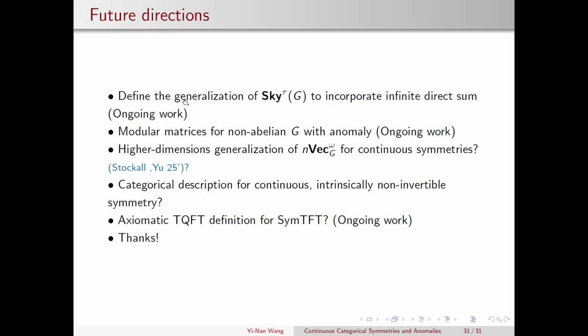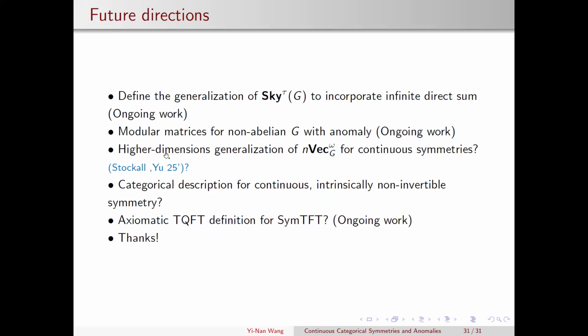And also, what is a proper generalization of this tau G to incorporate this infinite direct sum? In our paper, we propose that maybe you can use quasi-coherent sheaves, but quasi-coherent sheaves, generally speaking, only work for algebraic groups like SL(2,C), complex groups.